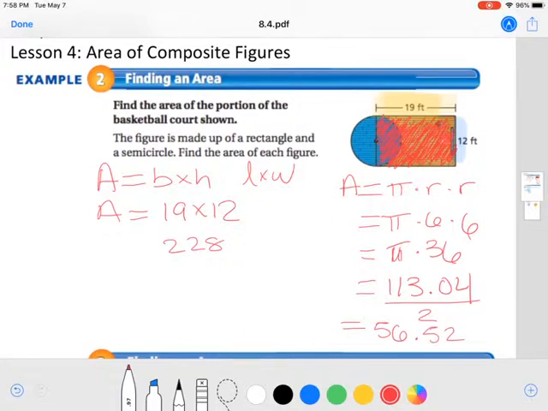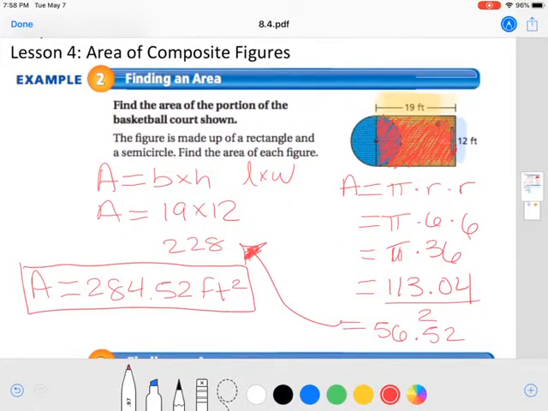And now that we have our semicircle, we can combine that with the area of our rectangle. And so our total area of our composite figure is going to be 284.52 feet squared. And so that is our area of our entire composite figure.